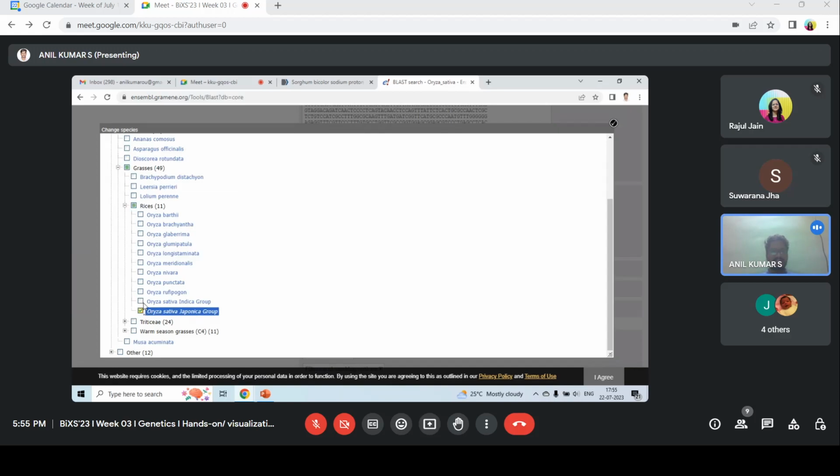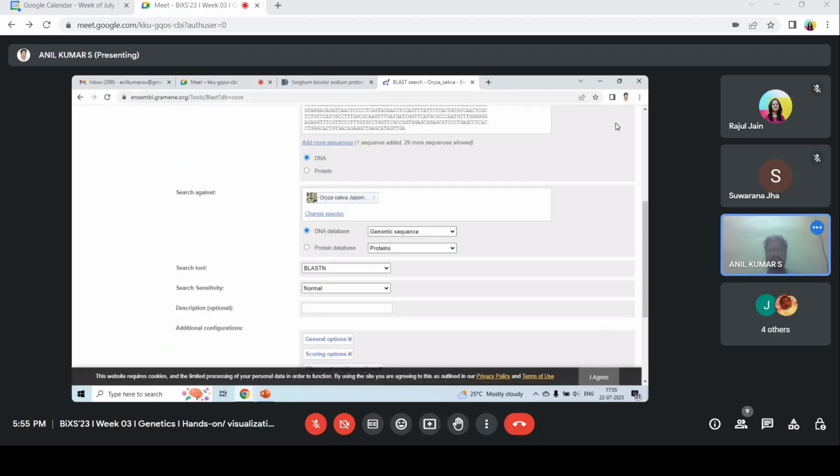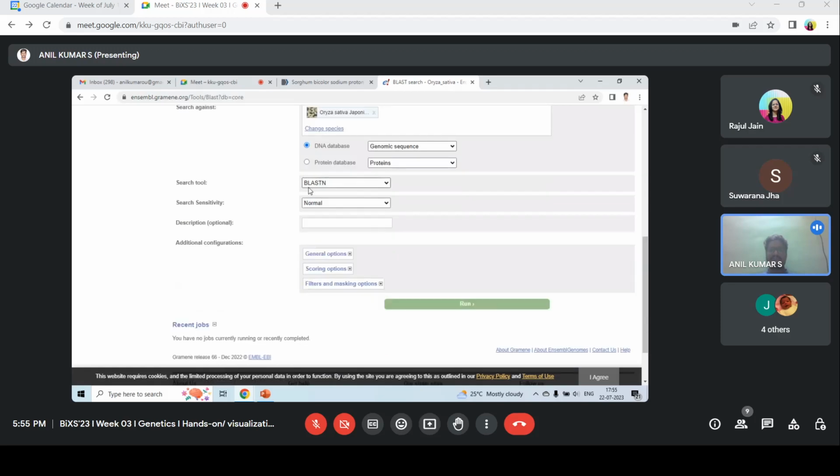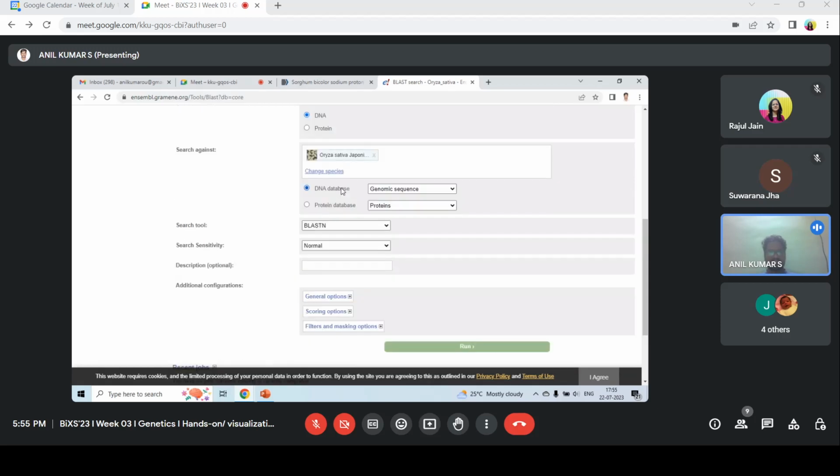Once you check Oryza sativa japonica, check this also. Now here you can see there is a change from Arabidopsis to Oryza sativa. Then we are going with a blast, meaning we are hitting the sequence we have taken against all the sequences available in the database for Oryza sativa.